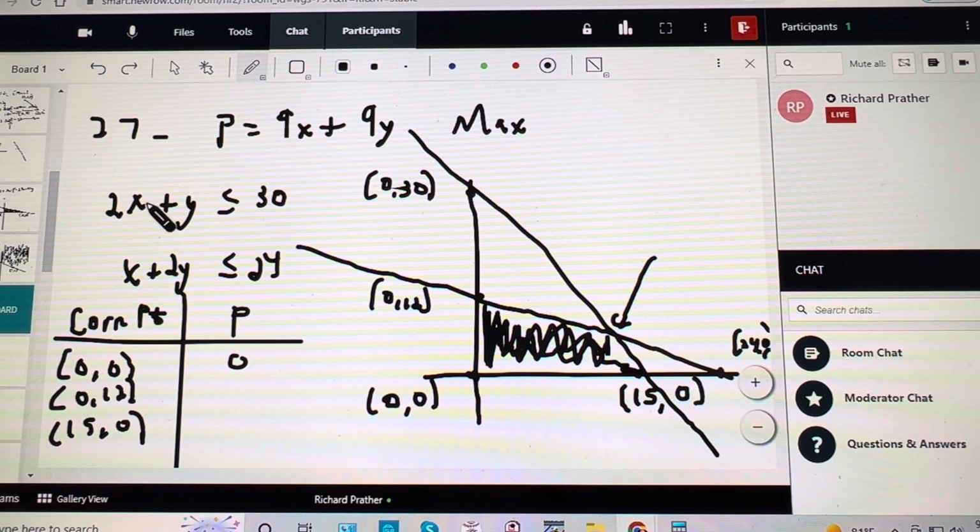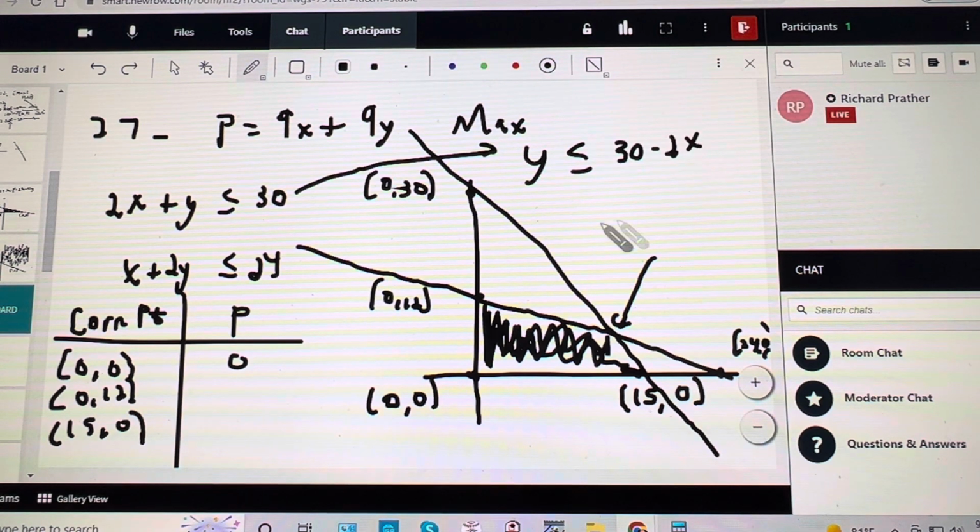We had one earlier where they were both 1x's, then I would solve for those, but here it really doesn't matter. So if I solve this equation for y, it would either be negative 2x plus 30 or 30 minus 2x, however you want to write that. Move the 2x over, make it minus 2x. Solve this one for y.